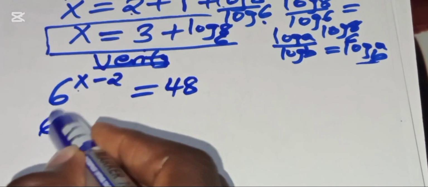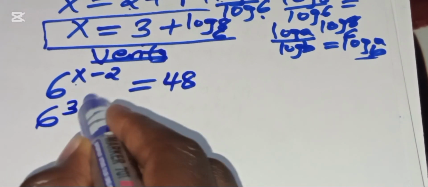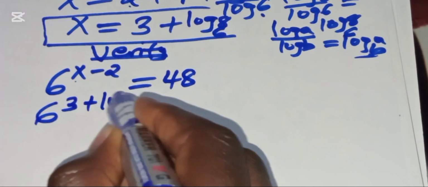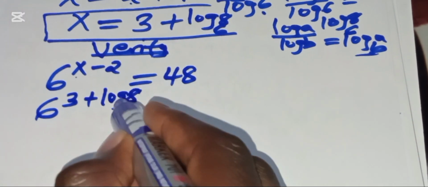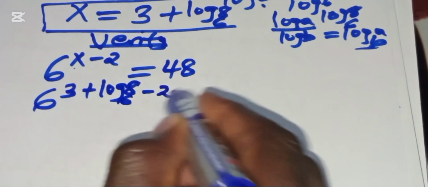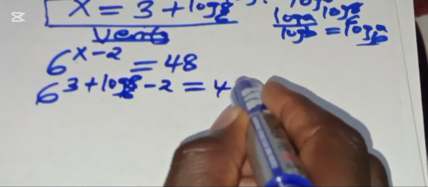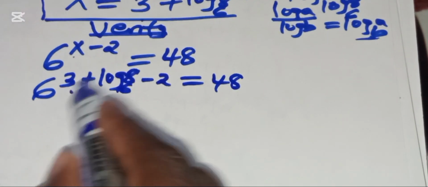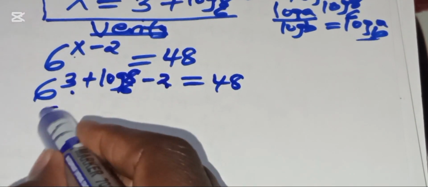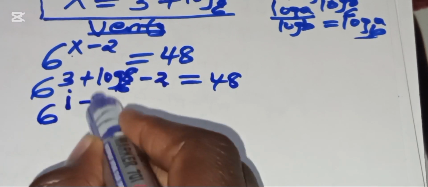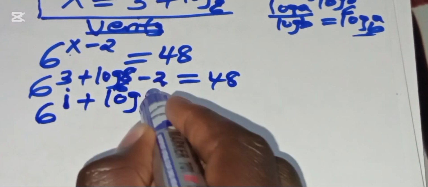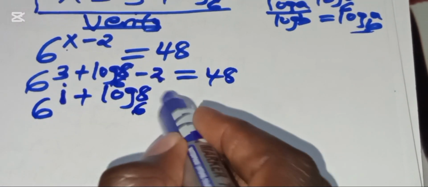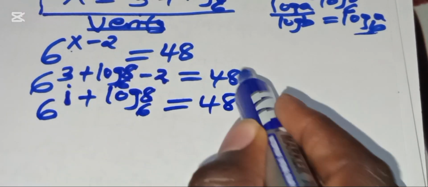We have 6 raised to power 3 plus log 8 to base 6, subtract 2. This is supposed to give us a value of 48. So 3 subtract 2 is the same thing as 1 plus log 8 to base 6. This is equal to 48.